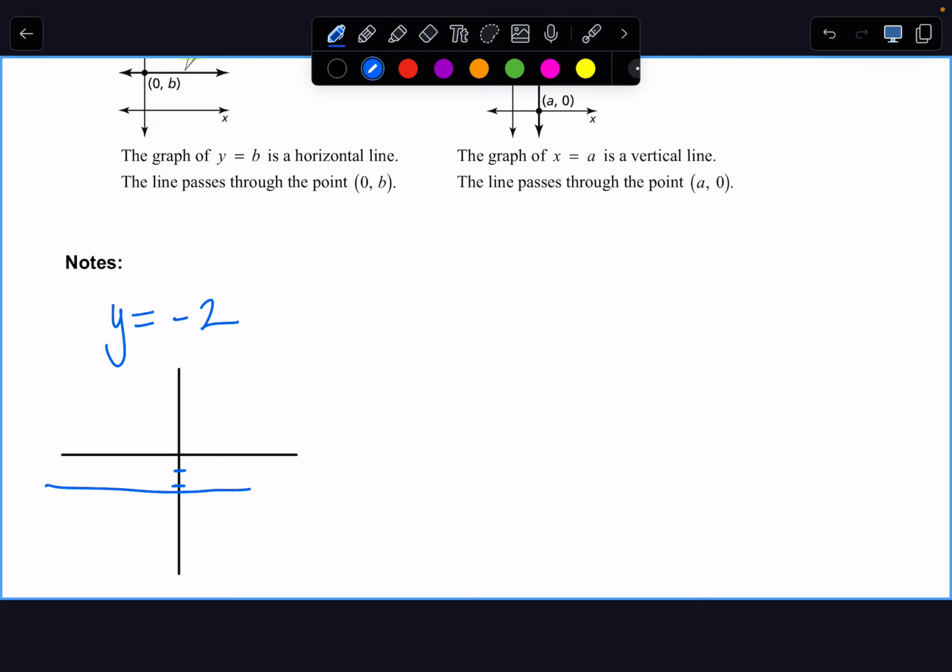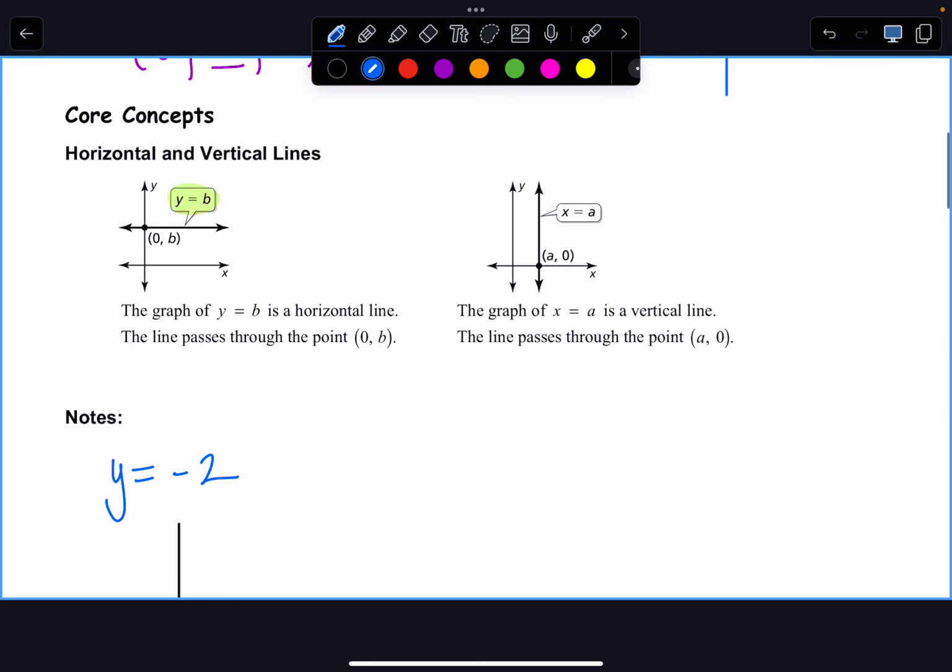So we are going to have a horizontal line through y is negative 2. Up is positive for y, down is negative for y.